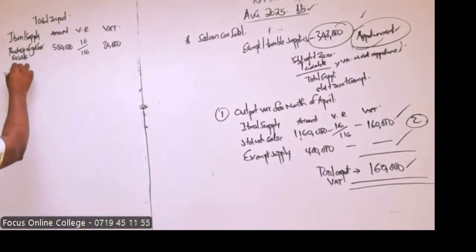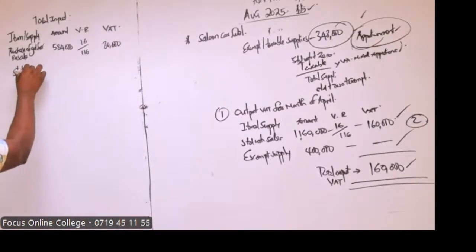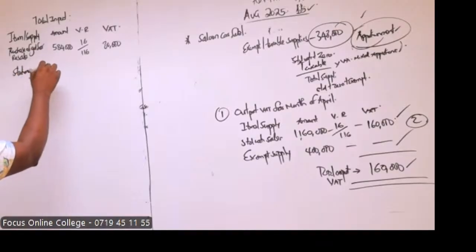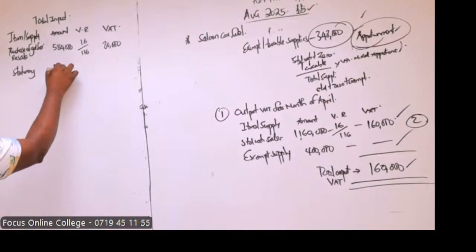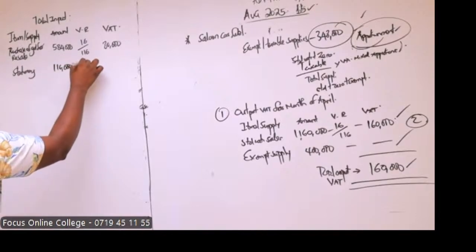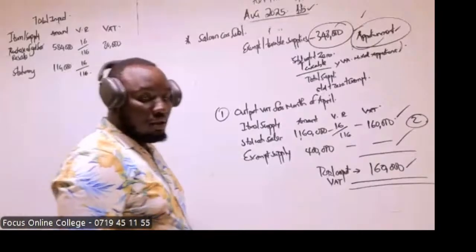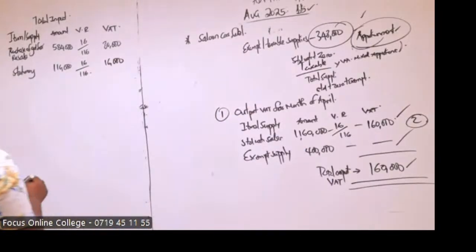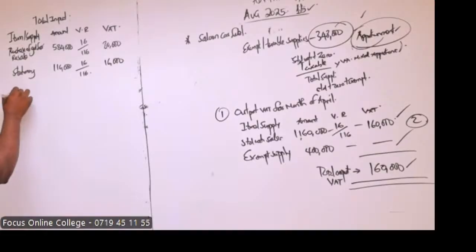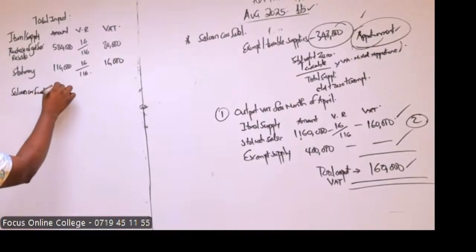So we have stationery. What is the figure for the stationery? That should be 116. What do you have? Well, we had it as 80.